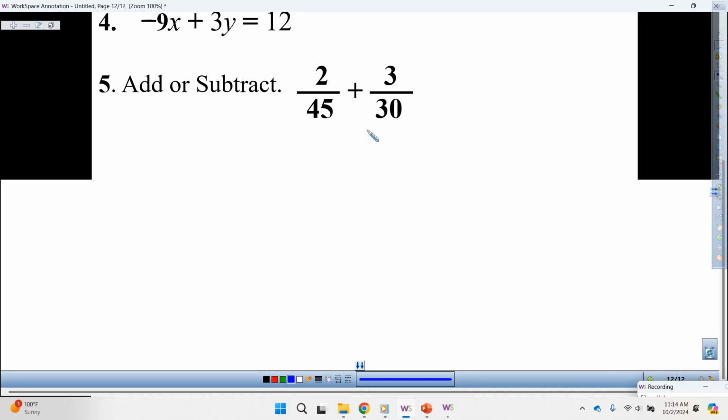What is that number, Mario? 5 is one, but it's not the greatest one. Yeah. Woo! 15. So how do we represent 45 using 15? We do 15 times 3. That's for 45. Bring down the 2. How do we represent 30 using 15? 15 times 2. Bring down the 3.